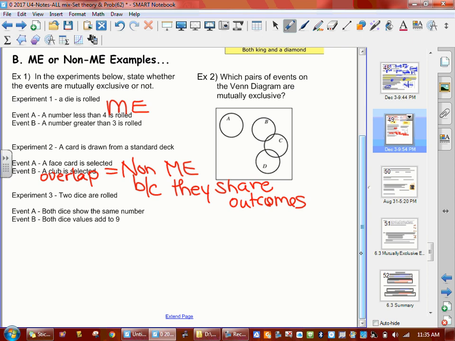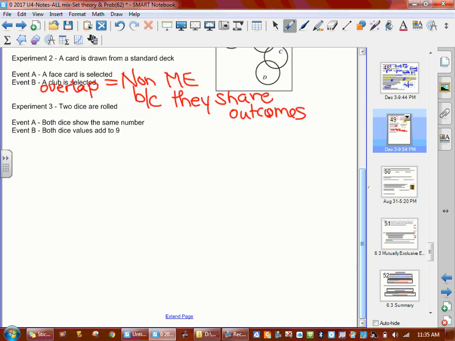Example 3. 2 dice are rolled. Okay? I need both dice showing the same number, and then both dice have a value that adds to 9. Well, can I have a double number on my die that's going to add to an odd answer? Let's take a look. Well, if I have a 1 and a 1, and I add them, I'm going to get 2. If I get a 2 and a 2, I'm going to get 4.